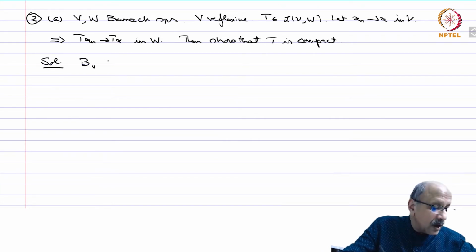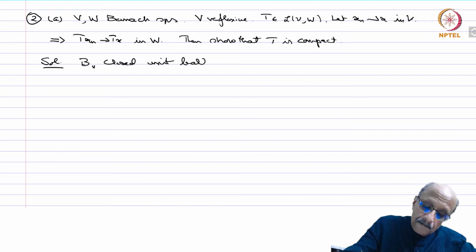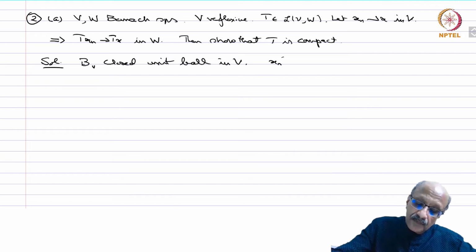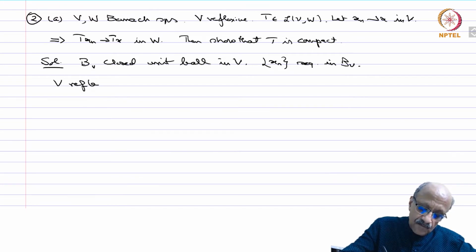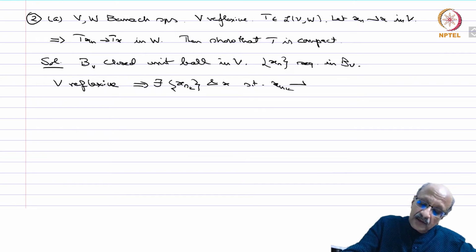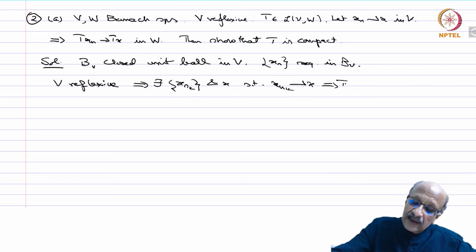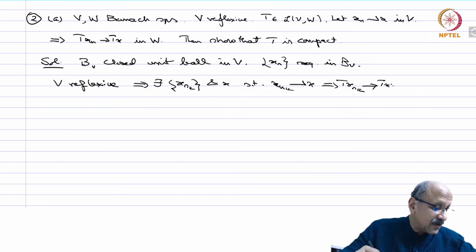So solution. B_V the closed unit ball in V. Okay, so x_n is any sequence in B. V reflexive implies there exists x_{n_k} and x such that x_{n_k} converges weakly to x, and this implies that Tx_{n_k} converges to Tx.